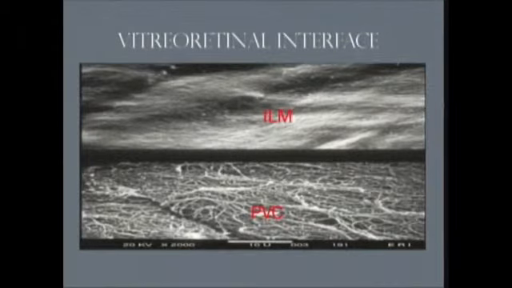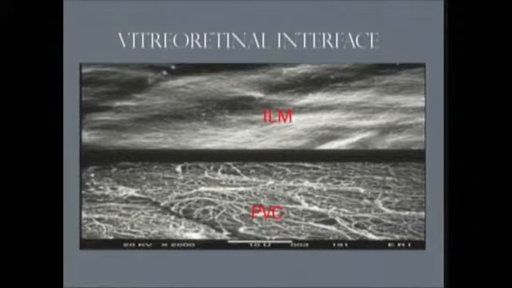As you can see in this picture, this is the ILM, and this is the facing part of the posterior vitreous cortex. And you see there are points of connection between both, which are the laminin and fibronectin.